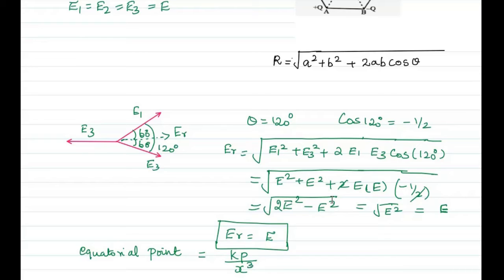This is the general formula. So ER equal to E will be equal to Kp by x cubed. This is the formula for the electric field due to a dipole at an equatorial point. To represent that the electric field is opposite to the dipole moment, you put a negative sign there.